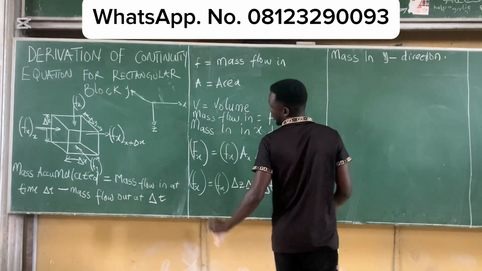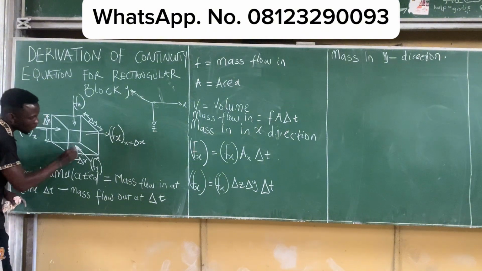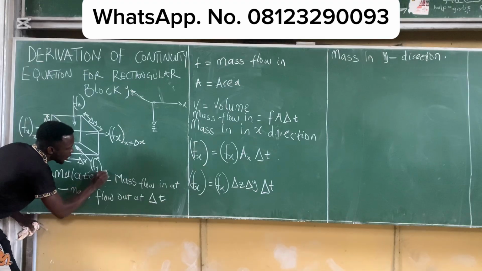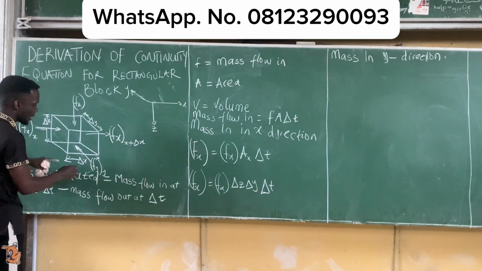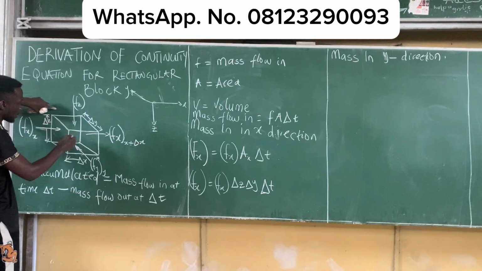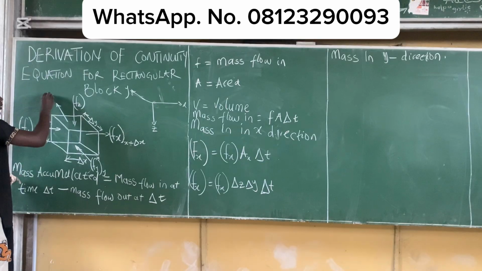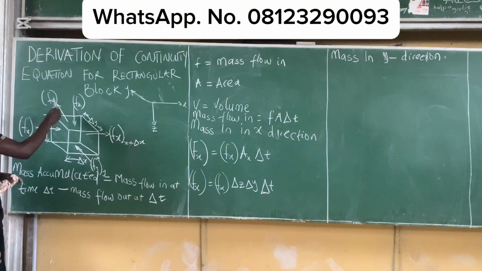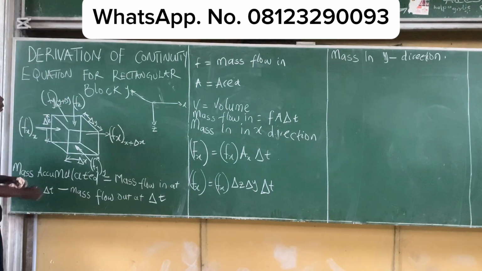How do you get the mass in the y direction? The same thing. Remember, the y direction is this way. Since it is flowing this way, this becomes the y coordinate. So at y, the initial point is always y. Now, if this is going this way, it will come out from this point here, where the mass that flows out becomes y plus delta y.